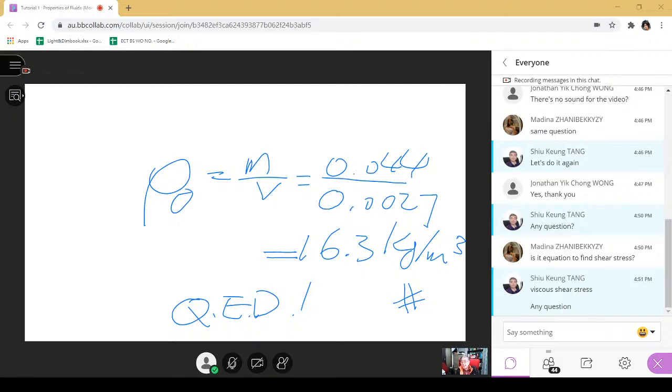Right? So any questions? No, pretty easy. Right? If you have no questions, then we move to the next one, which is viscous force.